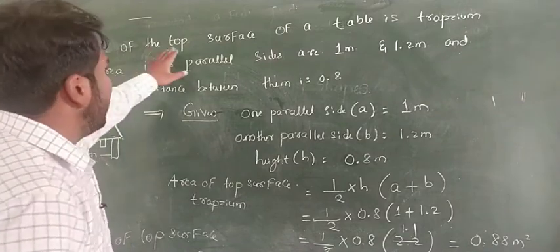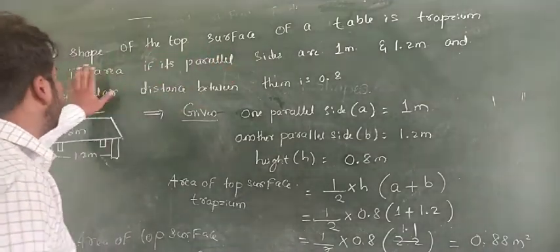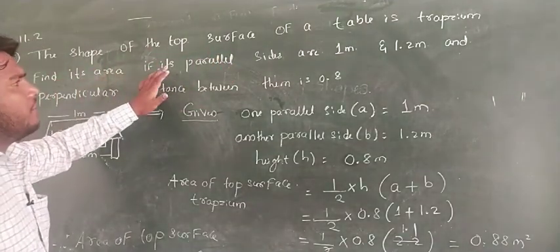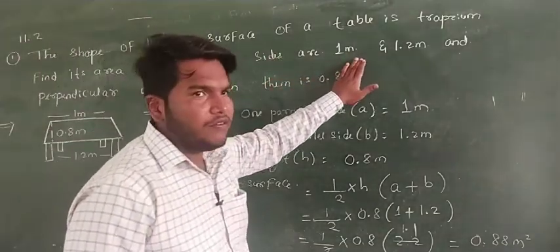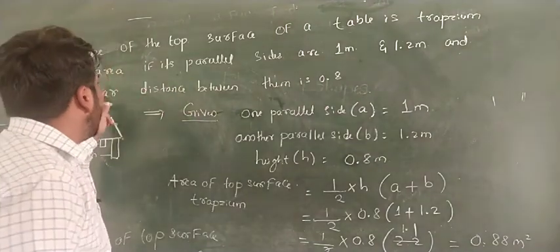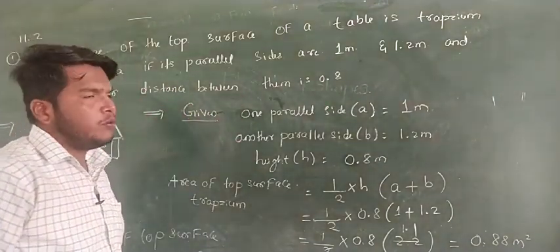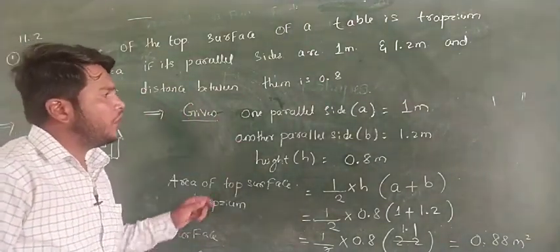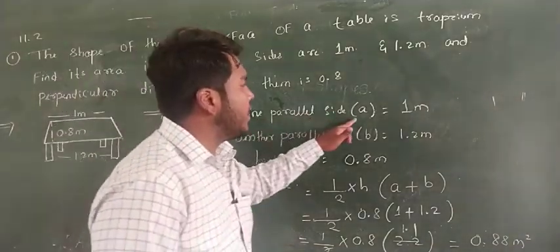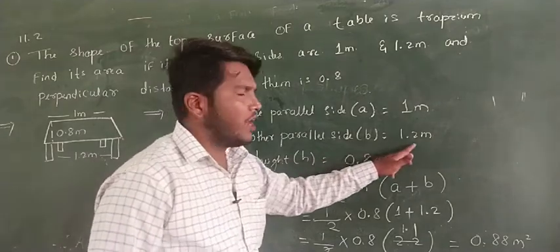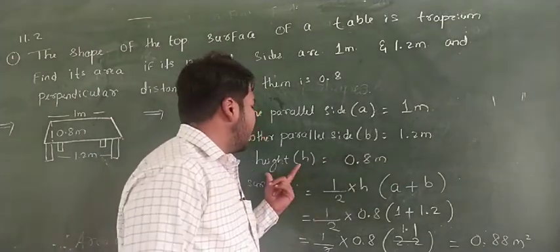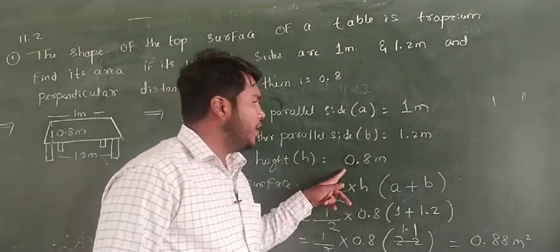Once again I am reading the explanation. The shape of the top surface of a table is a trapezium. Find its area if its parallel sides are given in the figure as 1 meter as well as 1.2 meter, and the perpendicular distance between them, that is the height, is given as 0.8. One parallel side is 1 meter, the other parallel side B is 1.2 meter, and the height is 0.8 meter.